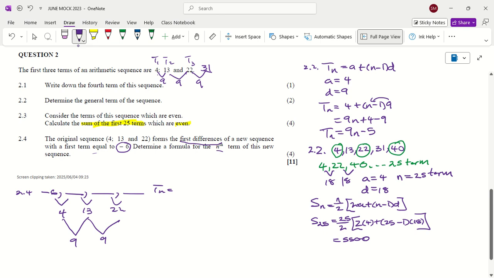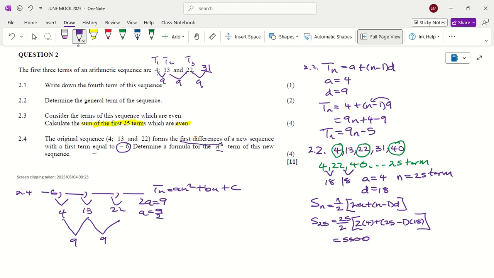Tn is equal to an squared plus bn plus c. But we know that 2a is equal to the second difference, which is 9. So a is equal to 9 over 2.